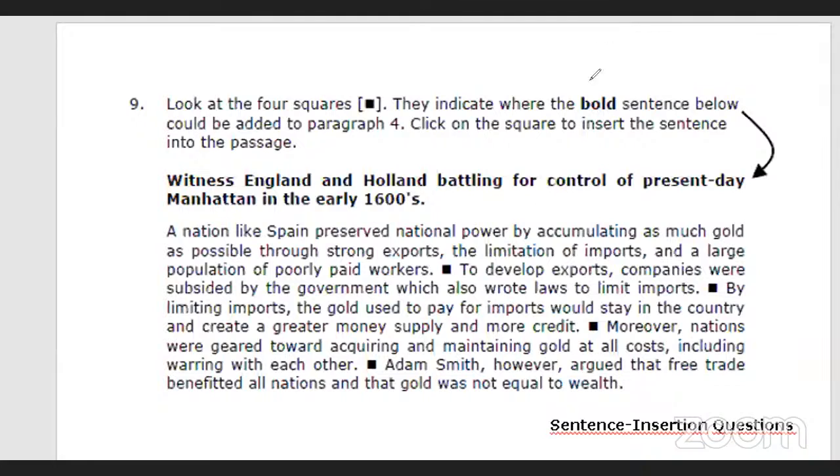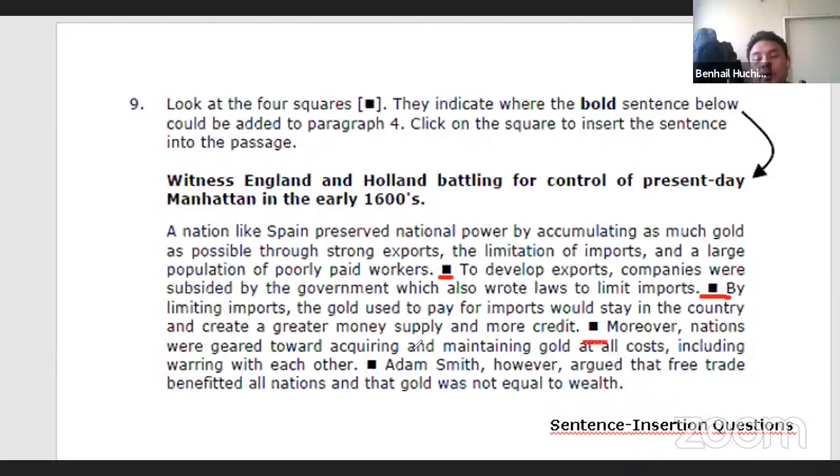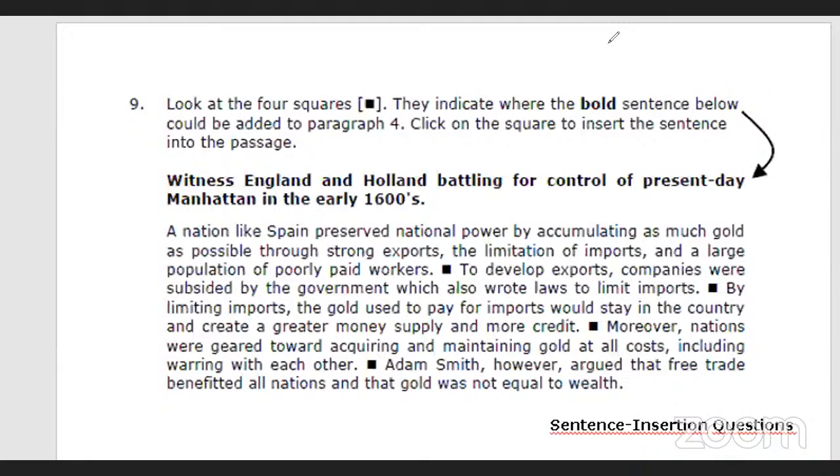Where do you think it belongs? You have 1, 2, 3, and 4. Which one do you think it belongs to? Yeah, give me a second. I'll think. I think in the 4, the last one.